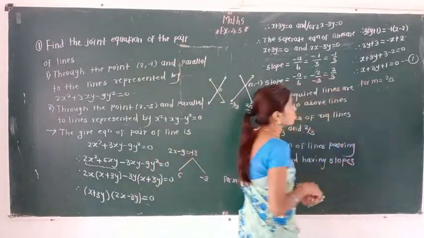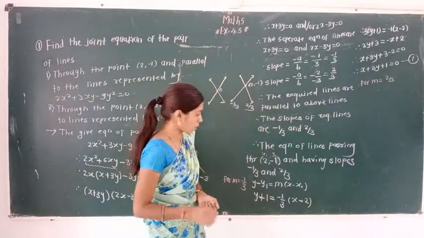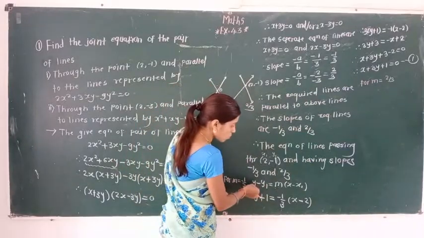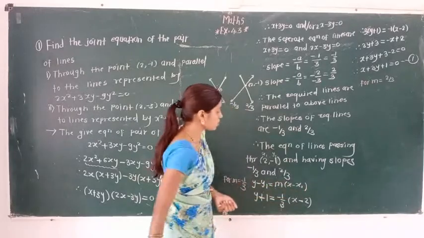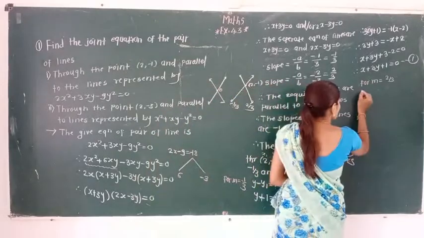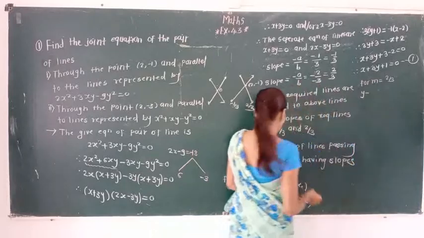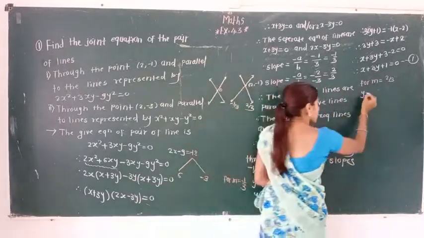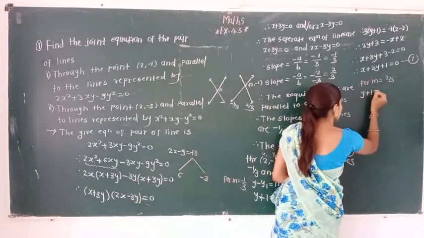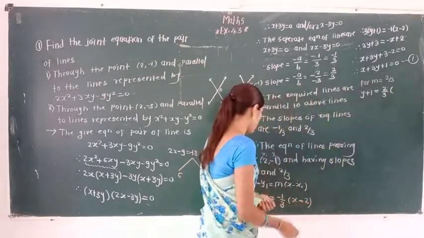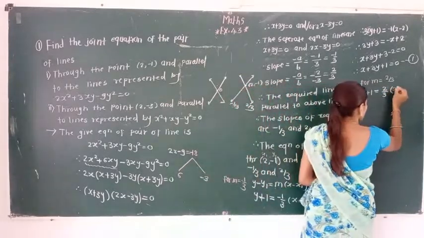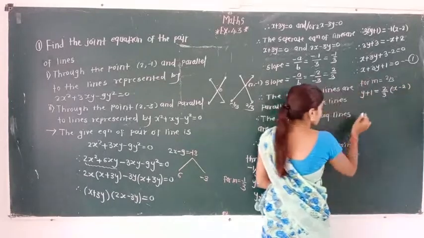Again we use the slope-point form, y minus y1 is equal to m in bracket x minus x1. Now y minus y1 is y plus 1, is equal to 2 by 3 in bracket x minus 2.